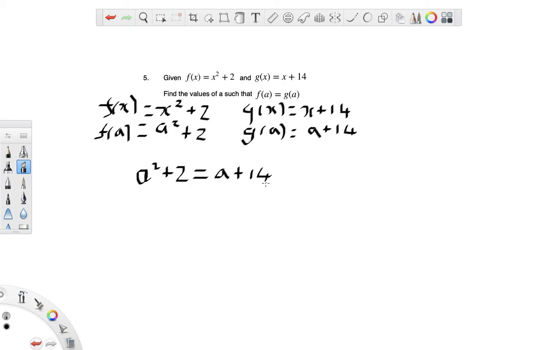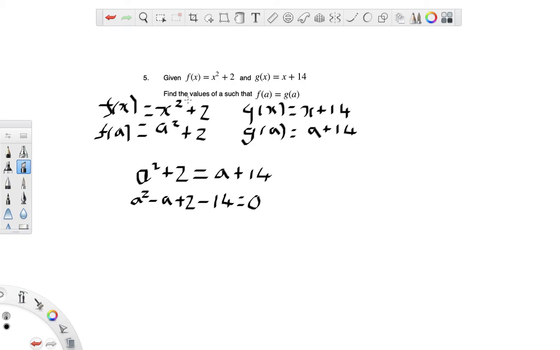But what can we do now? Well, I think a sensible step here would be to get everything on one side. So we can go a squared minus a plus 2 minus 14, and because I've moved all that across, that's now of course equal to 0. Now, it's kind of looking like we're going to get a quadratic here.